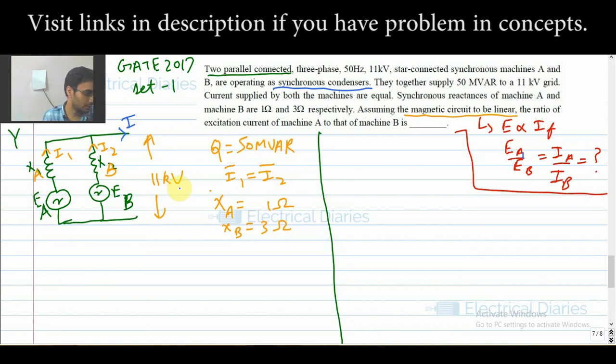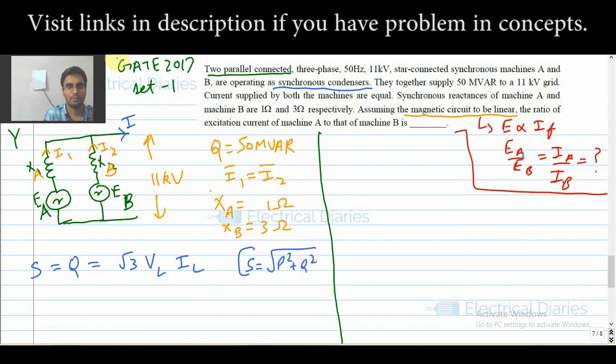So I think your Q will be equal to √3 into VL IL, or in a better way I should say your Q is equal to S only, because P is 0. And S is √3 into VL into IL. I hope you know this relation. As P is 0, S is equal to Q. So from here I can find out this IL.